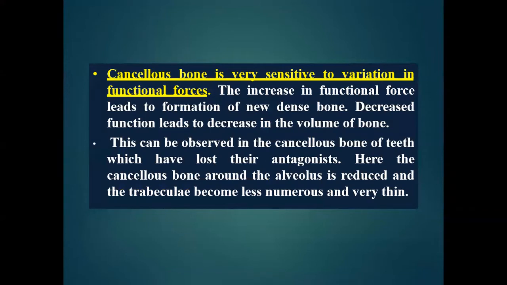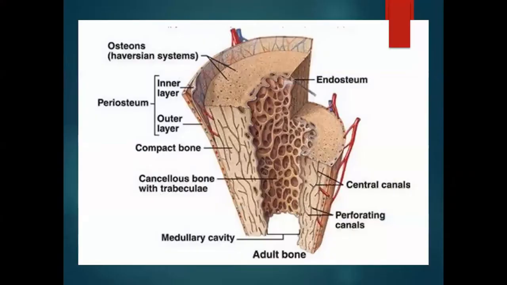The cancellous bone is very sensitive to variation in functional forces. Increased functional forces lead to the formation of new dense bone. Decreased function leads to a decrease in the volume of the bone. This can be observed in the cancellous bone of teeth which have lost their antagonist. Here the cancellous bone around the alveolus is reduced and the trabeculae become less numerous and very thin.